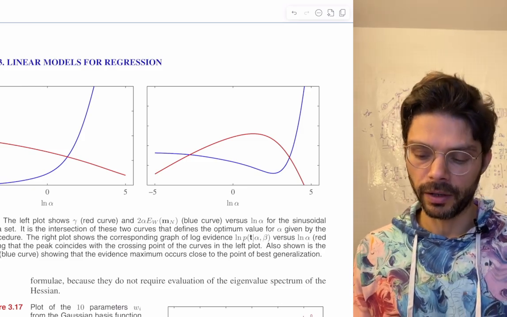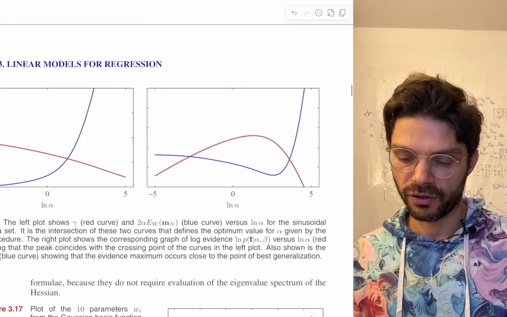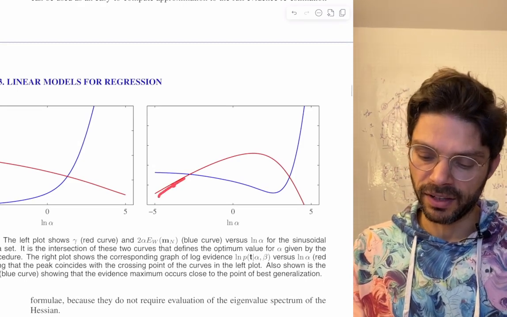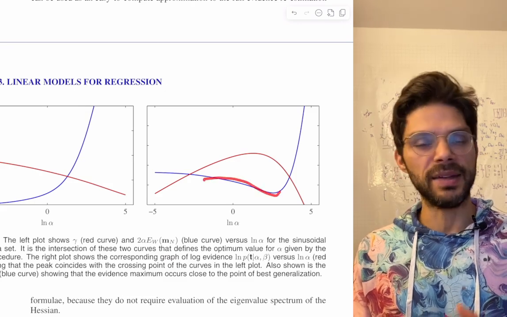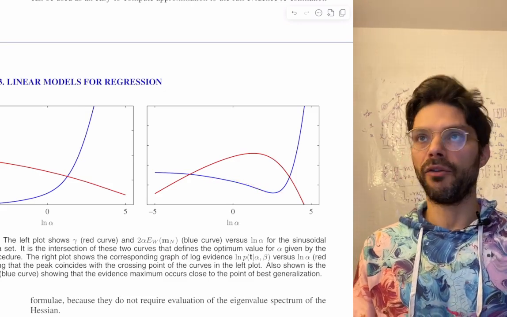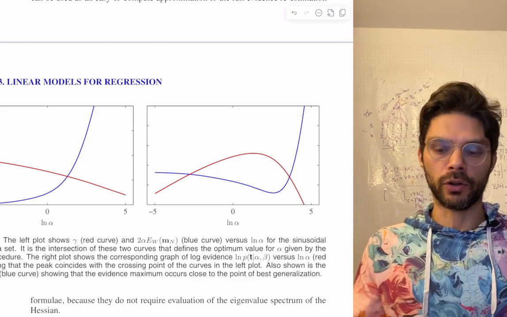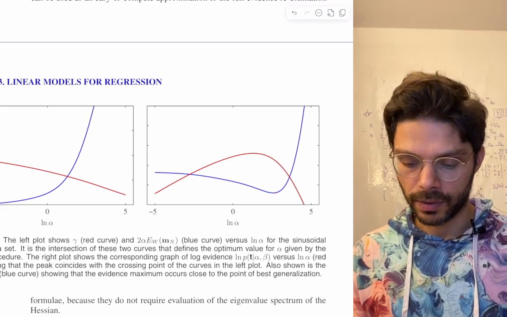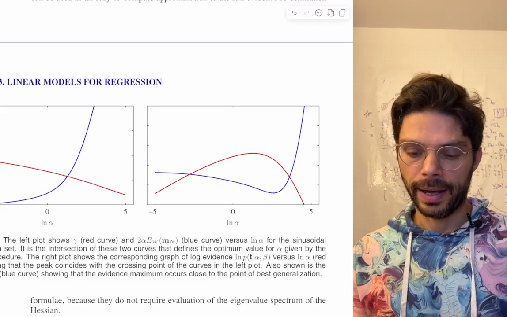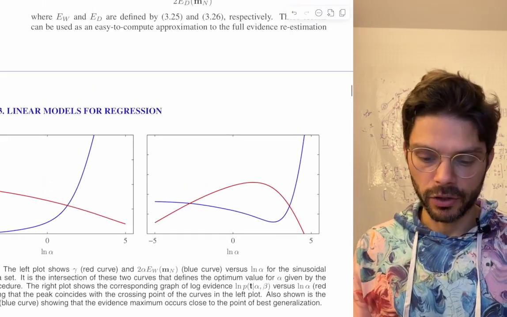I talk about this more in my notes, so you can have a look there if you're interested. But anyway, at least in this toy example, if we did this procedure, we would do about as well as if we had left out some data and did the whole cross-validation procedure for estimating our parameters, and having good generalization error.